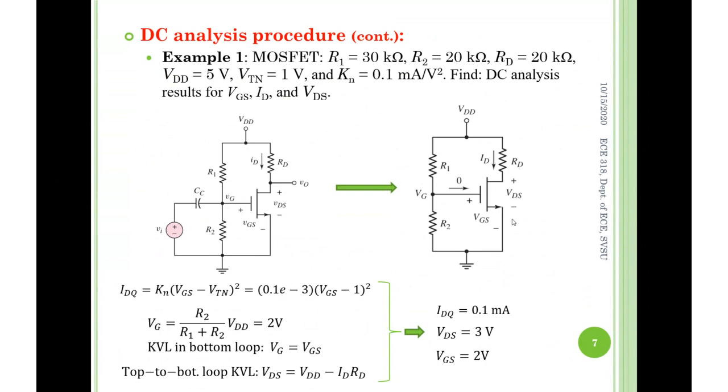Eventually your ID current would increase enough that the voltage across the resistor is quite a bit, and then VDS would be a lot less, because VDS equals VDD minus ID times RD. So will you fall back into the non-saturation region eventually?